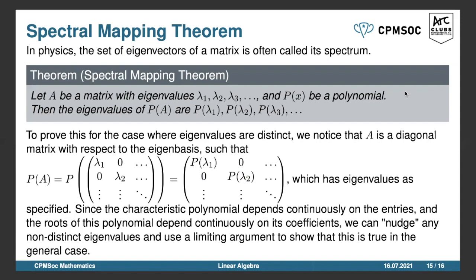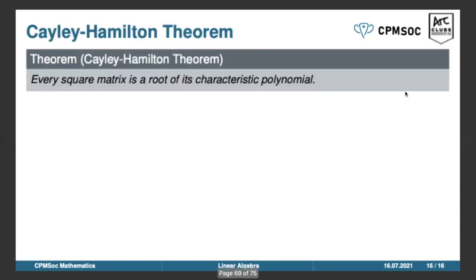All right, so we'll move on to our last topic, which is the Cayley-Hamilton theorem. And so the point of the Cayley-Hamilton theorem is that we've said we can apply polynomials to matrices. And we saw before that each matrix has an associated polynomial, which tells you something about the eigenvalues of the matrix.